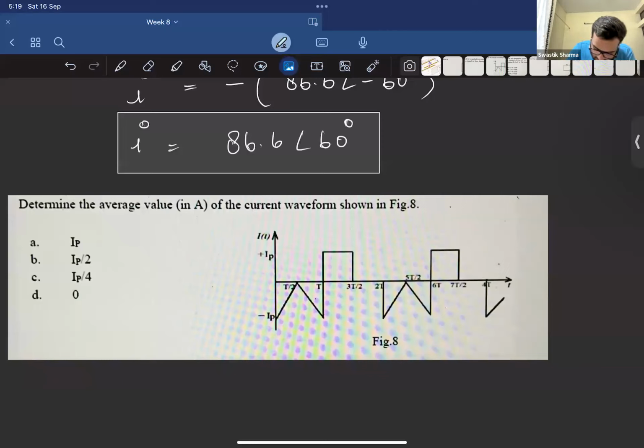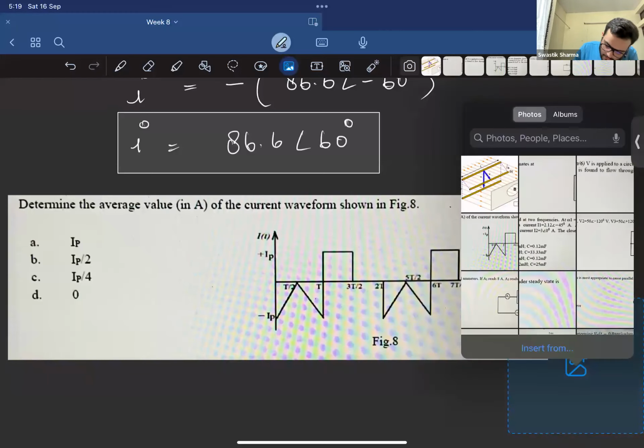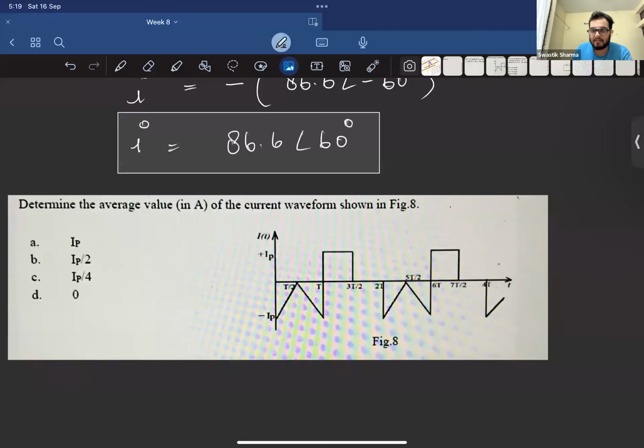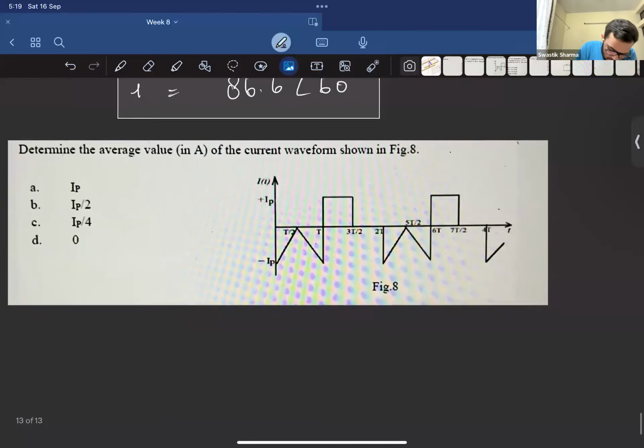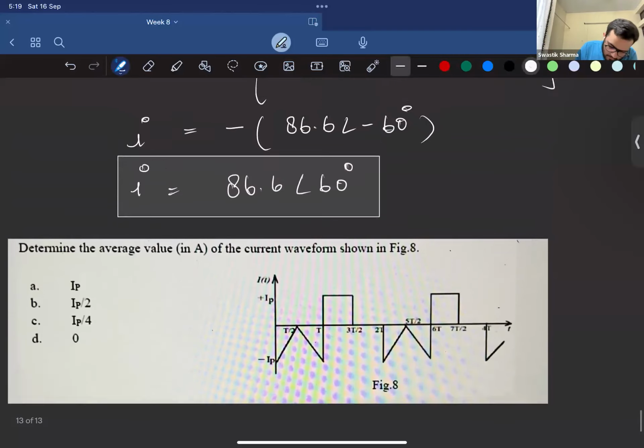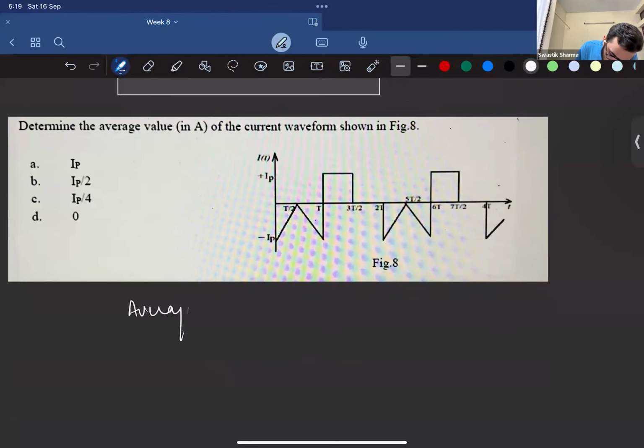So as you can see, after every 2t intervals, it's repeating itself, right? And what is the average value? Average value is nothing but 1 by the time period times the integral from 0 to T of i(t) dt.